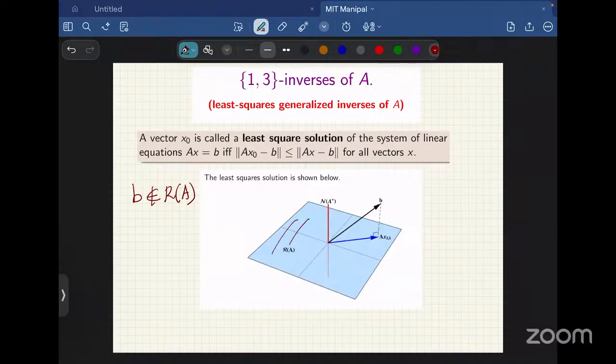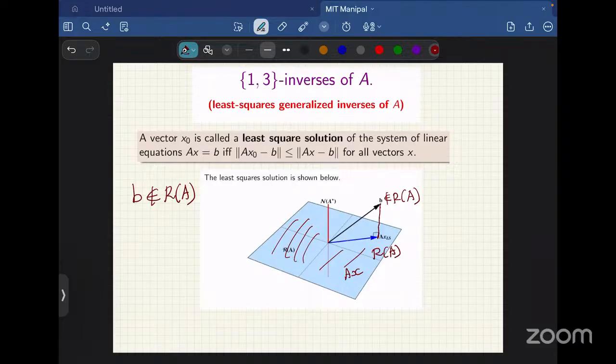Therefore, we have the range space: the collection of all AX, but B is outside because B does not belong to the range of A. In that case, we will be choosing an element in the range space that is nearest. That particular solution is called the least square solution.